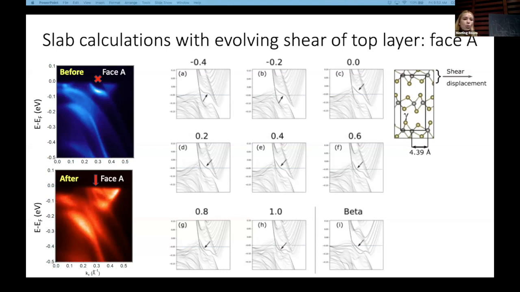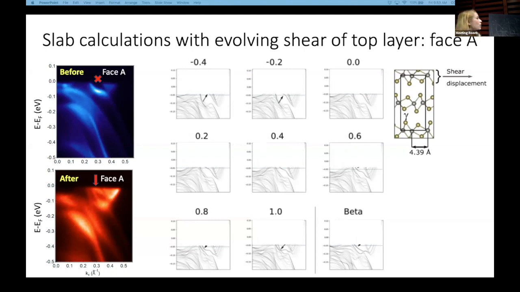And if we have a more fair comparison, blocking the part that ARPES does not see, you can see that the experimental observation of now you don't really see it and now you see it is very much captured by this model of a shear displacement of the top layer.